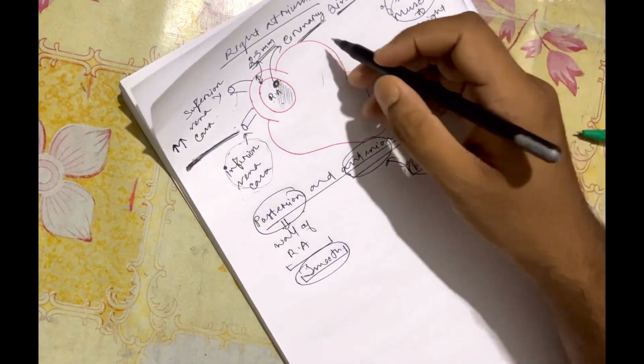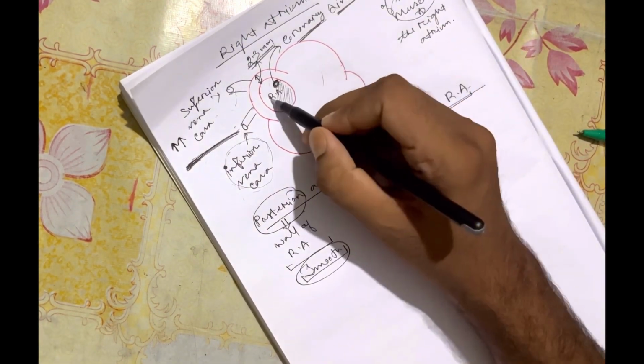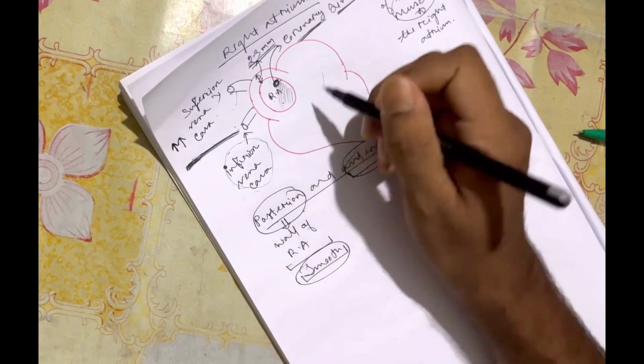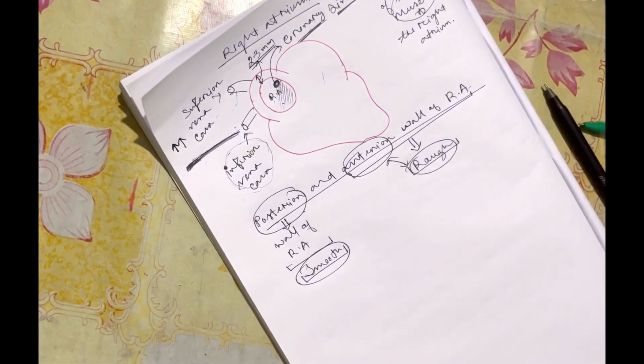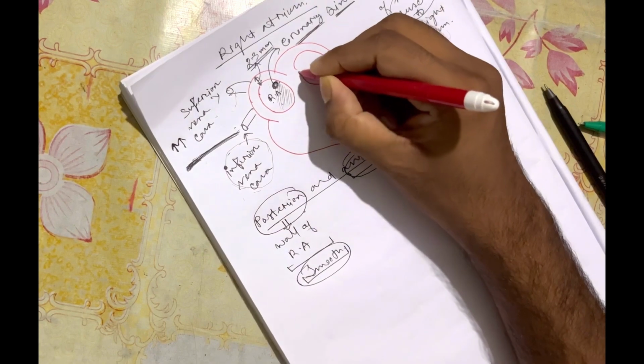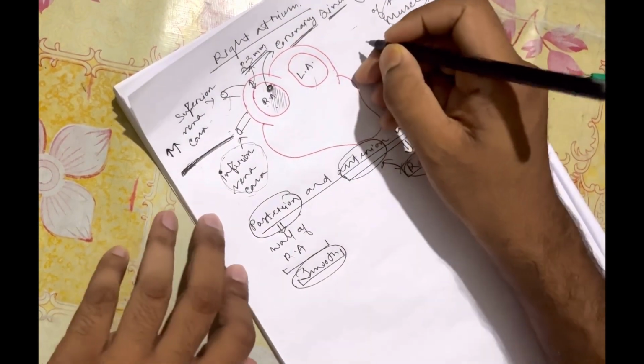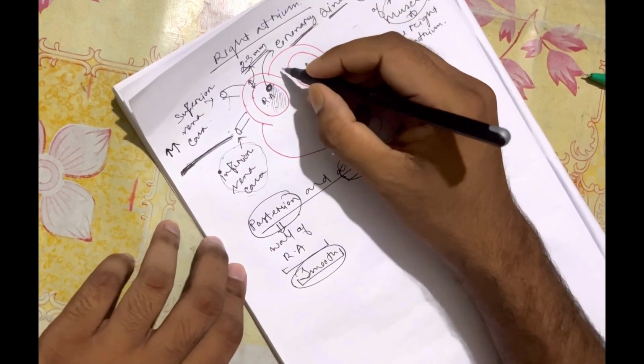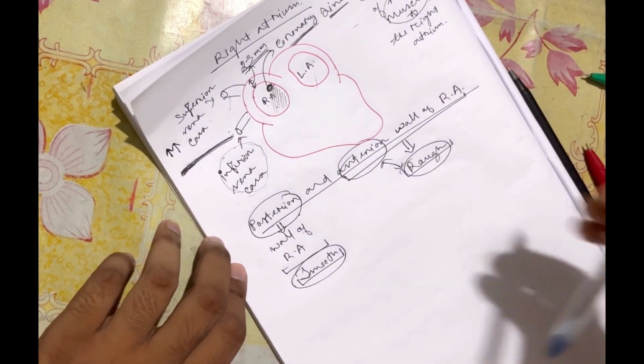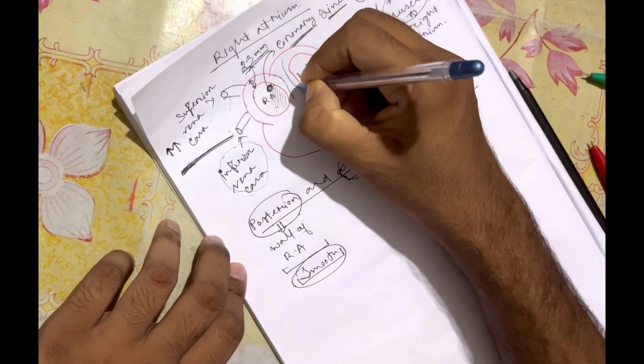Another thing is the interatrial septum. This is the left atrium, and we have another septum over here.